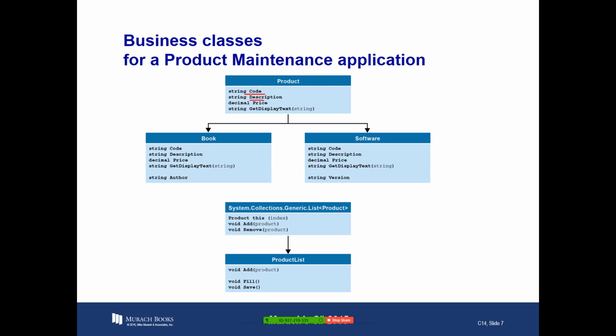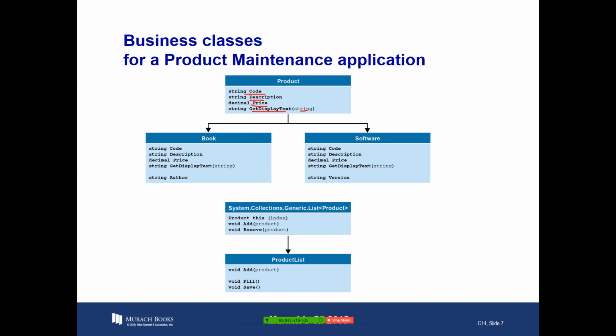And there's a description, and there's a price. And then there's this method that we can use to display out some information about the particular instance of that product. So, we might have the code followed by the description followed by the price, for example, and that's what's displayed out when you invoke this getDisplayText method. The string here happens to be the delimiter, if you recall.